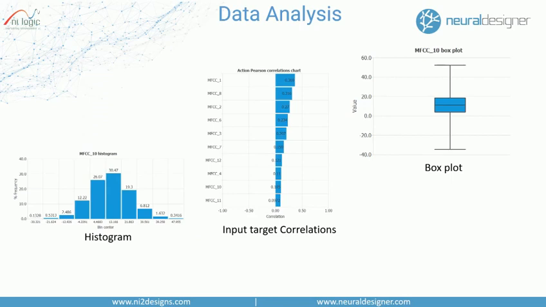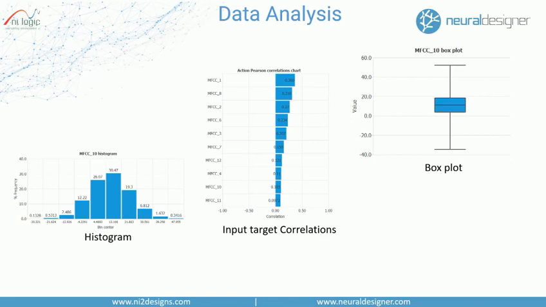Talking about the data analysis, as you can see, our data analysis is done in respect of histogram, input target correlation, and box plot before training. In the histogram, we can see the frequency of occurrences. In the input target correlations, all the inputs are positively correlated to our target. That is to say, if we increase the input value, the output will also increase.